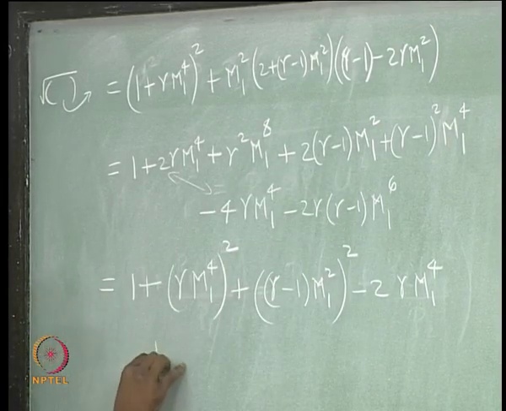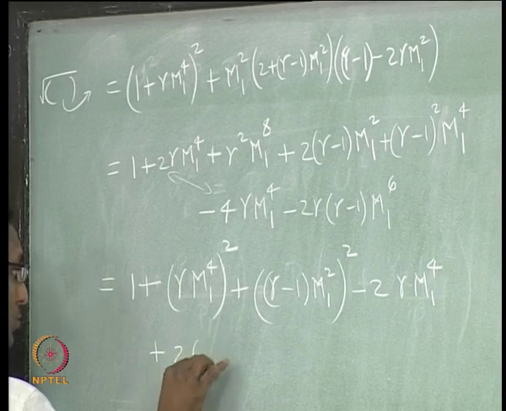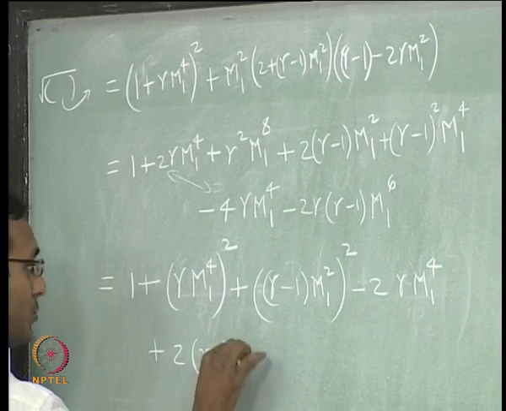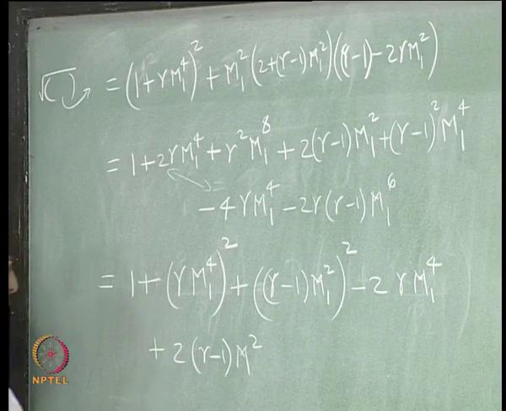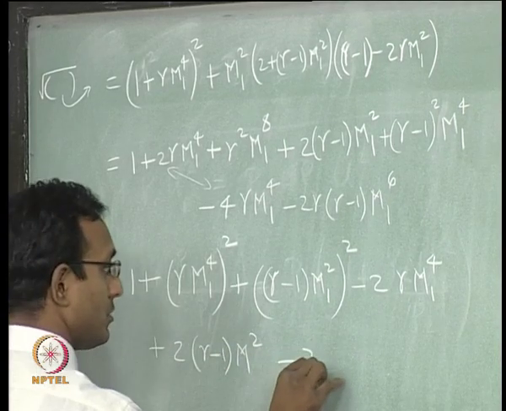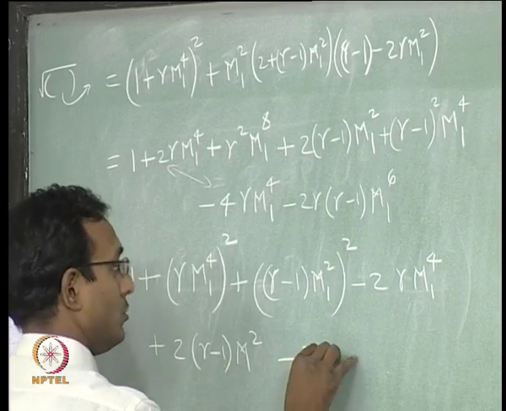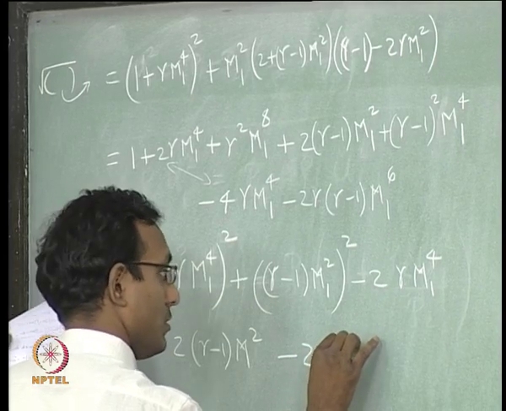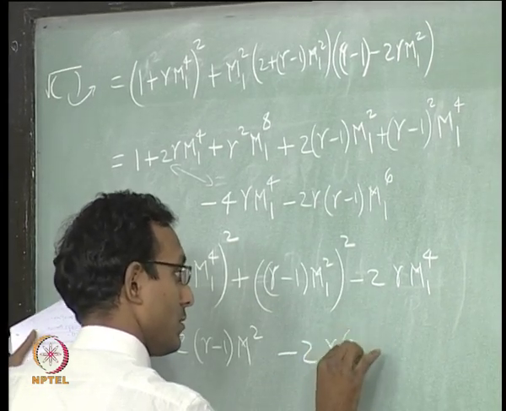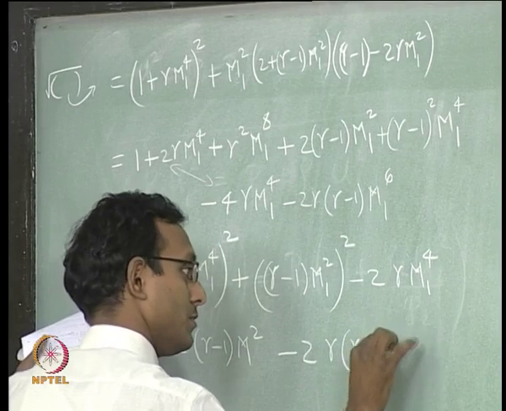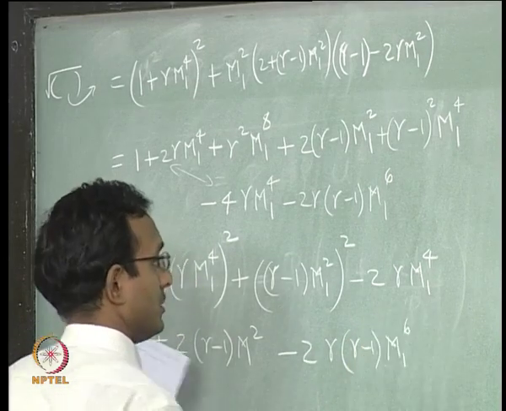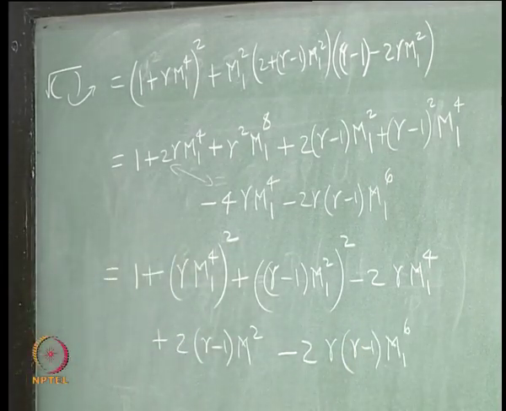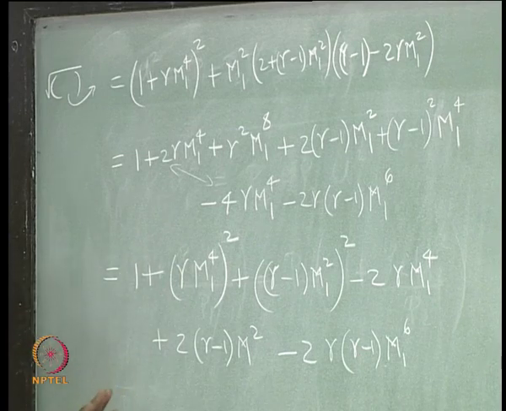So, I will put that plus 2 (gamma minus 1) m1 square minus 2 gamma (gamma minus 1) m1 power 6. These are the terms. I have written it in a nice way because I want to simplify the next step.